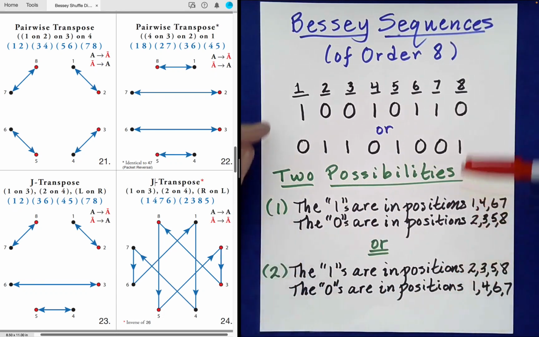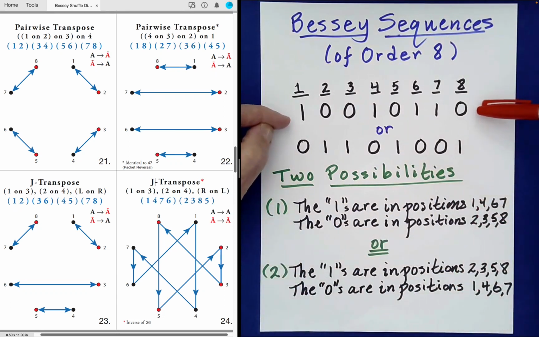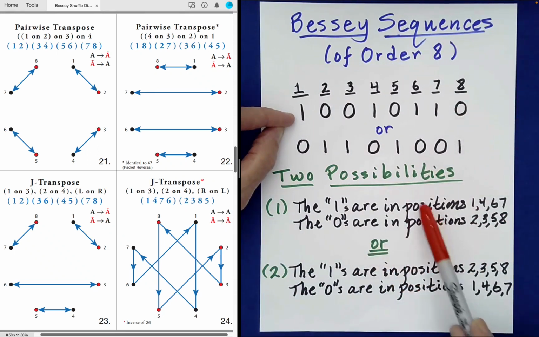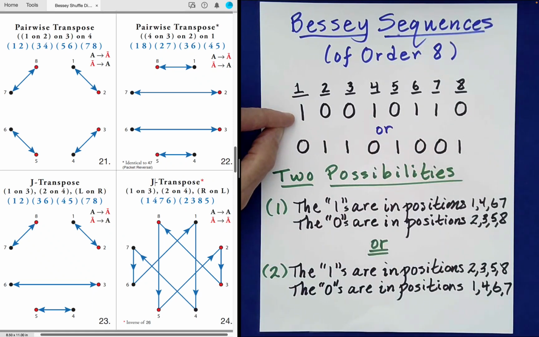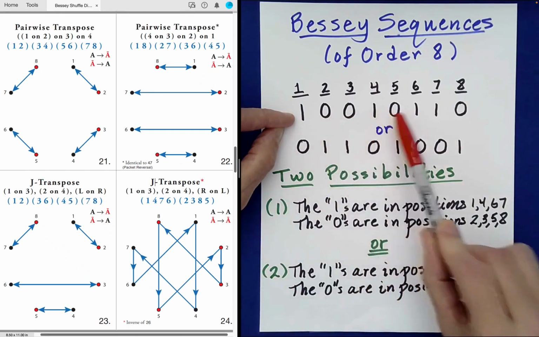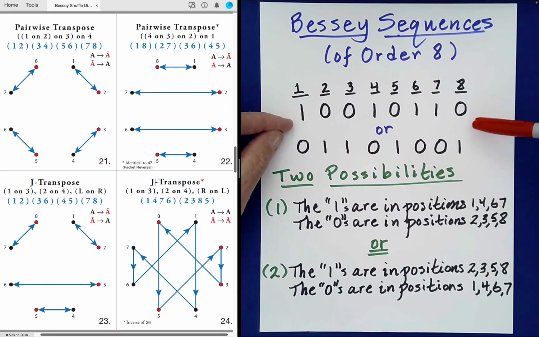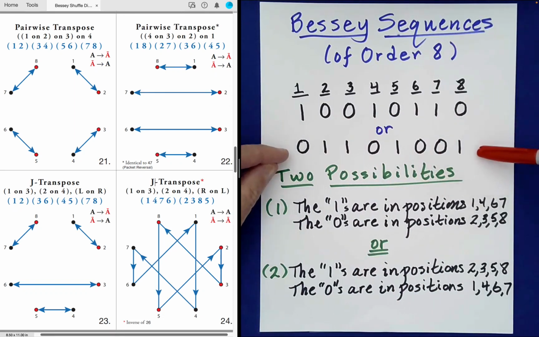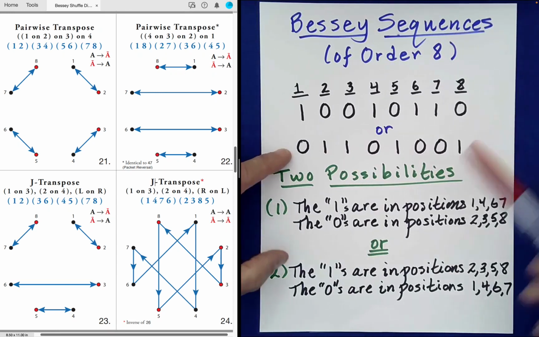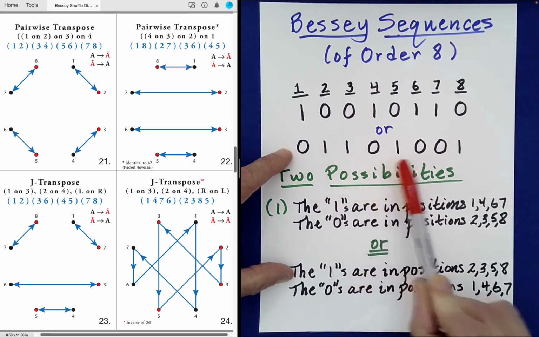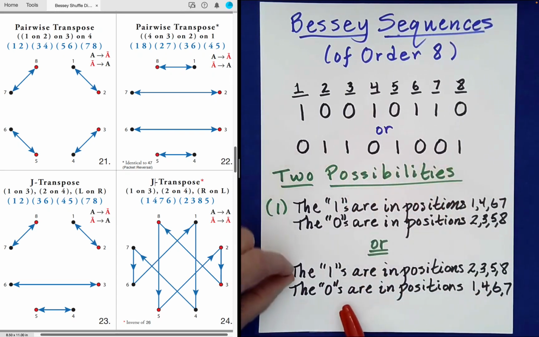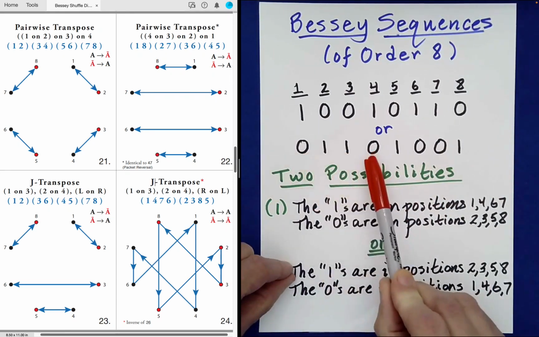In the Bessey sequence up above, the ones are in positions 1, 4, 6, 7, and the zeros are in positions 2, 3, 5, 8. For the inversion, the role of the zeros and ones switch places. The ones are now in positions 2, 3, 5, 8, and the zeros are in positions 1, 4, 6, 7.